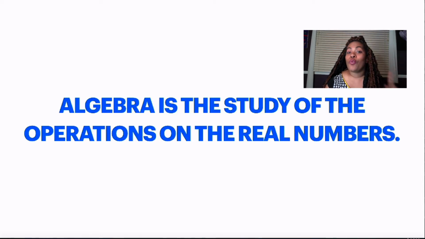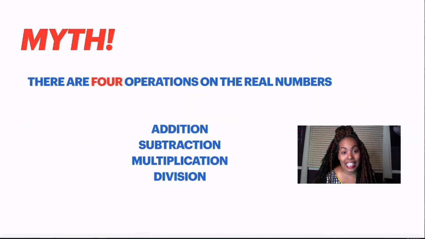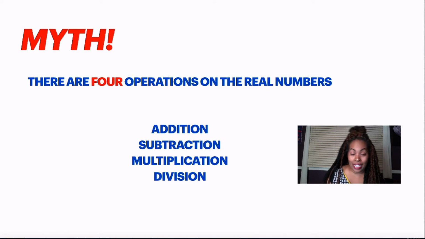Now, there's something really important I need to tell you about the operations. There's a myth. In fact, they've been fooling you for years. There's this big myth that exists that there are 4 operations on the real numbers. They're trying to tell us that it's addition and subtraction, multiplication, and division. But guess what? That is not the fact.